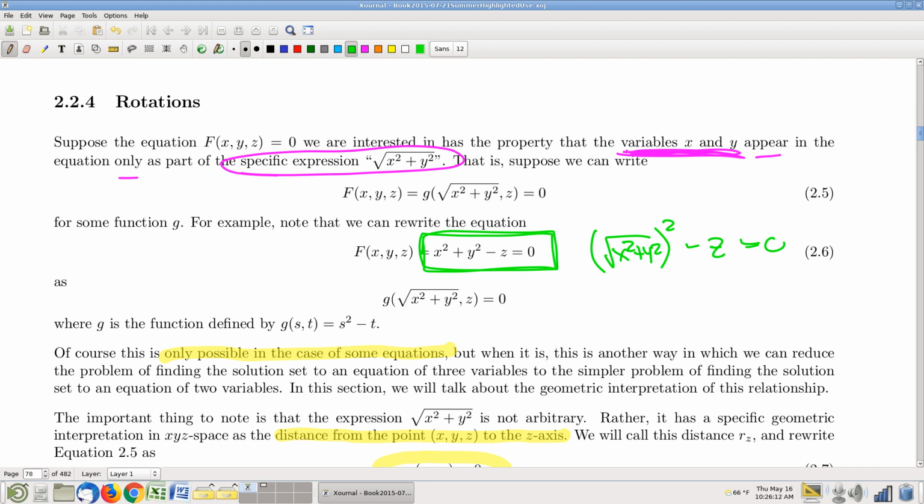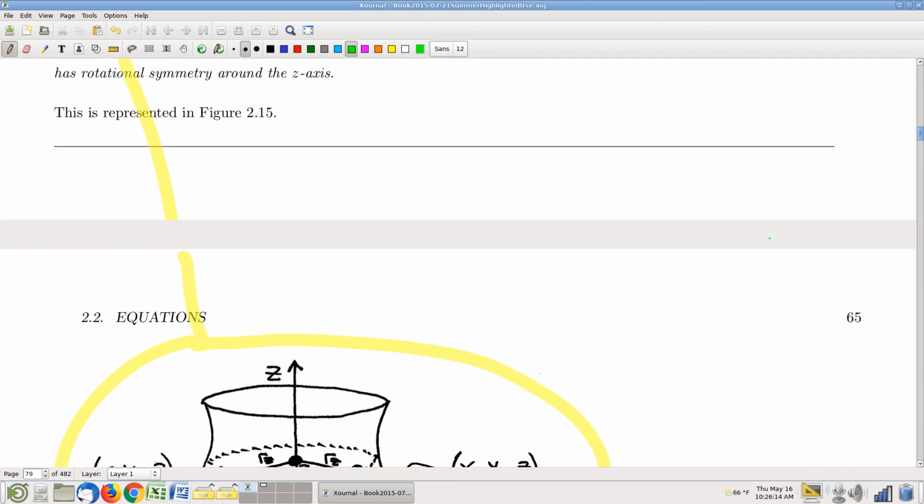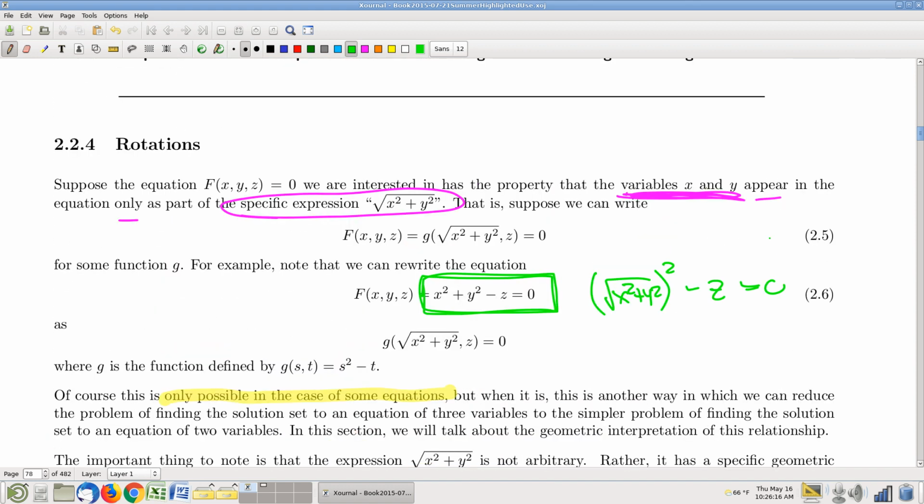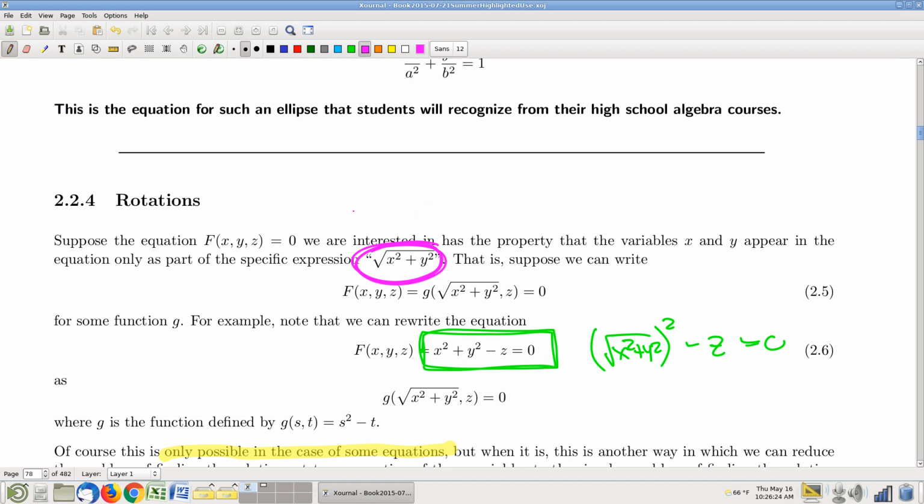All right, so let's talk about what you can deduce from this. Oh, by the way, quick observation: this little magic expression that I'm making reference to, the square root of x squared plus y squared, notice that is the distance to the z-axis.